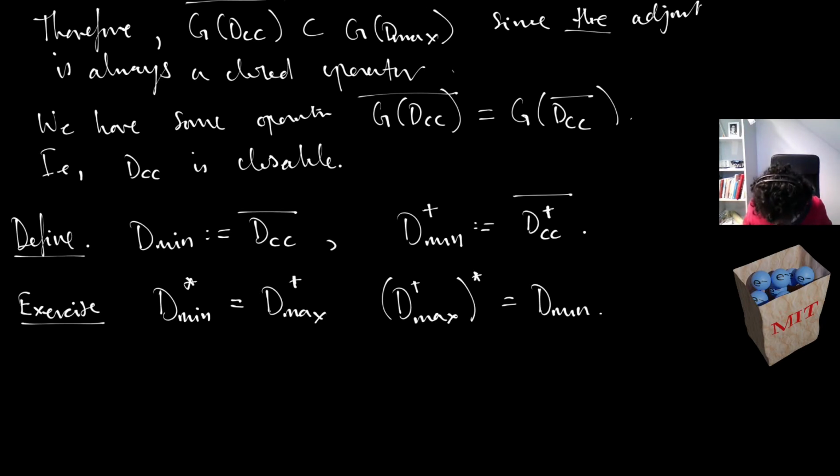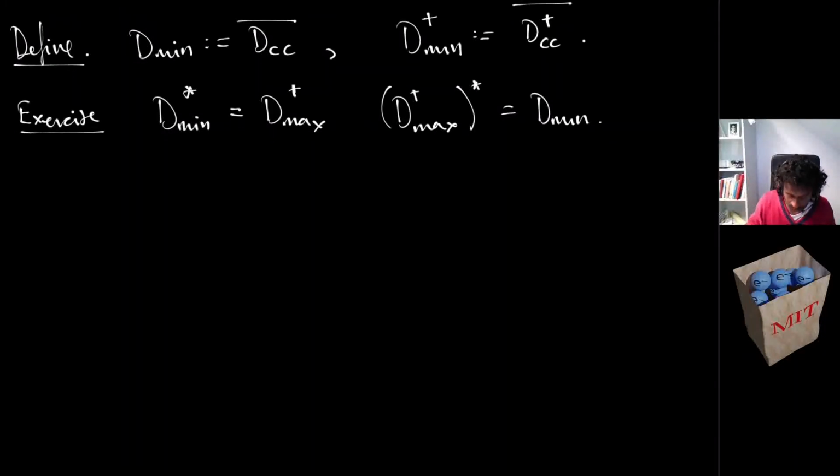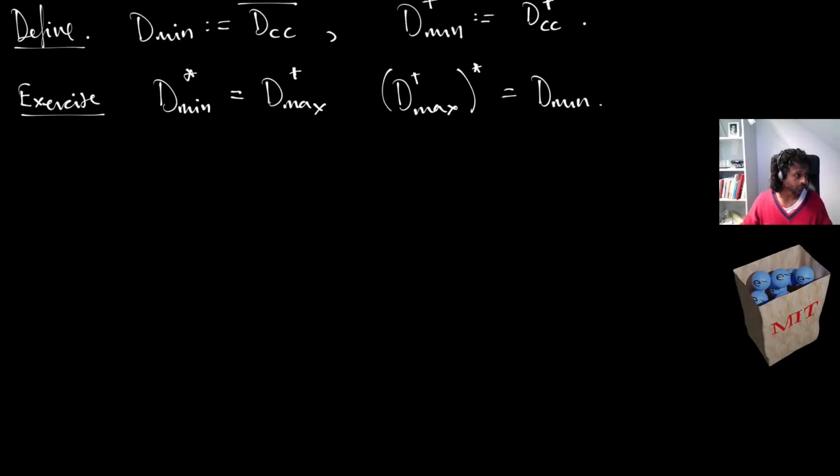Let me just see. D min star. Yes. So it's really the adjoint of D min is D max dagger, right? That's really the statement that's true. But D max and D max dagger will not be adjoint to each other, in general. Okay.